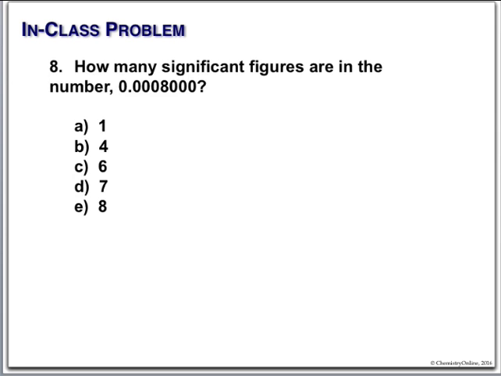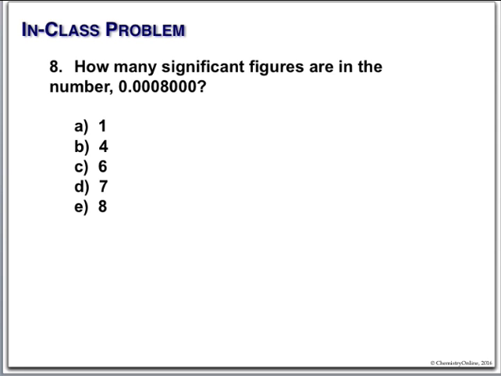Sig figs. There will be significant figure questions. First of all, we look at this number and we say to ourselves, does it have a decimal point? Well, yes, it does. That means that if it has a decimal point, all of the trailing digits are real. That was in our measurement.